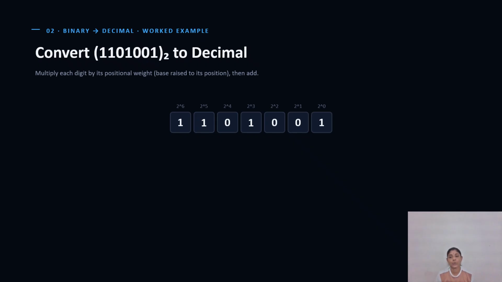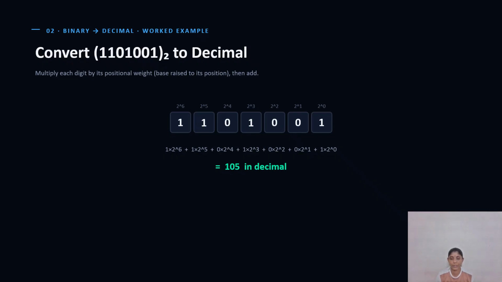So for the first bit, bit 0, how do we write the position? It is 2 power 0. Why do we write 2 power 0? Because the source base is 2. So 2 power 0, 2 power 1, 2 power 2, 2 power 3, 2 power 4, 2 power 5 and 2 power 6. So 1 into 2 power 6, 1 into 2 power 5, 0 into 2 power 4, 1 into 2 power 3, 0 into 2 power 2, 0 into 2 power 1, 1 into 2 power 0. 2 power 0 is 1, so 1 into 1 is 1.